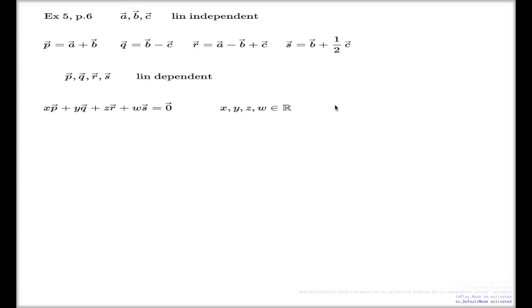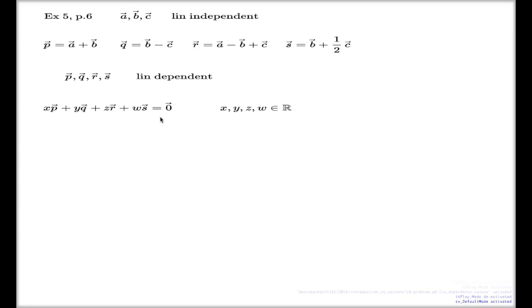Of course, we can choose the zero choice, x=0, y=0, z=0, w=0. Obviously this identity will be true, but it's the trivial one. We're looking for a non-trivial one. If we can find it, then we're done. Any non-trivial choice for these four coefficients will let us conclude that the system is linearly dependent.